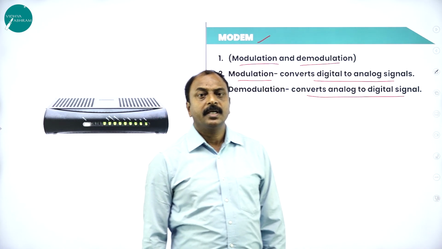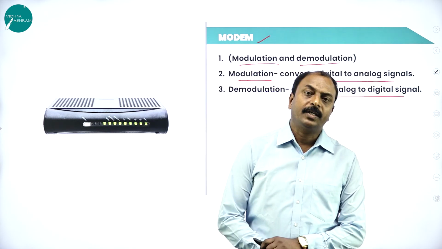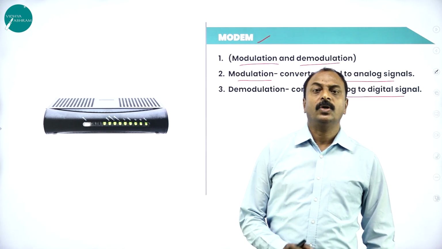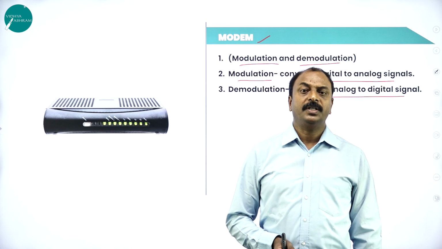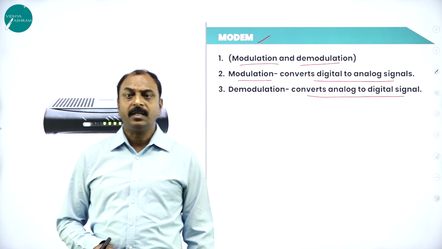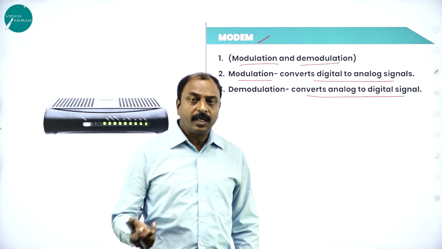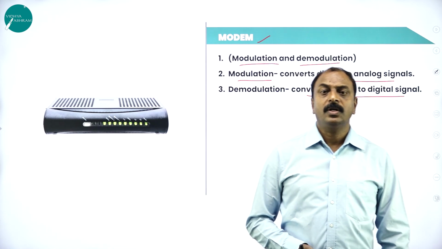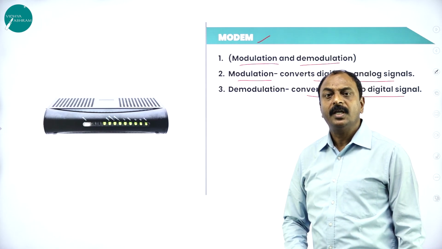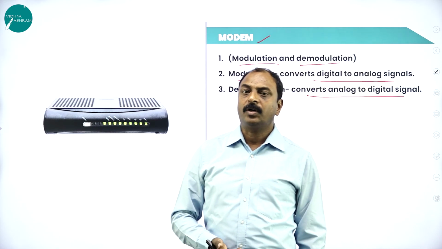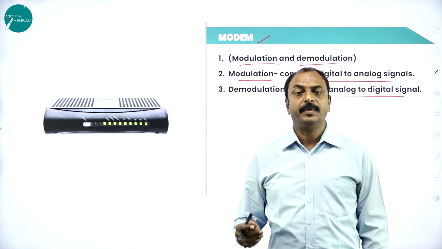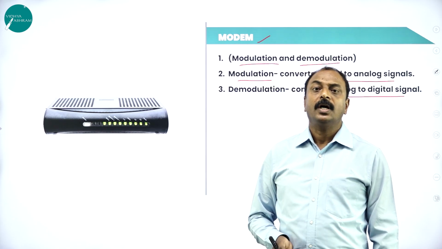Now all of you know that a computer is an electronic device, and it works with binary data, that is digital data. Any data going to another computer starts as digital data. The transmission medium cannot carry digital data, so it has to be converted into analog form. So the modem converts the data: from your computer it travels as digital data up to the modem, and once it reaches the modem, the same data is converted into analog form.